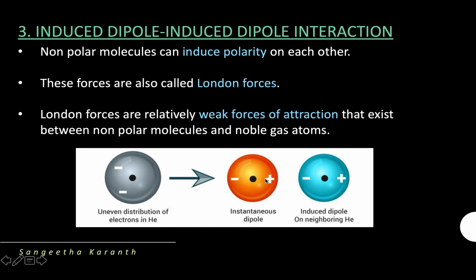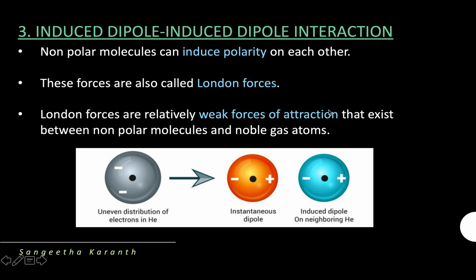Since the charges are separated, this atom can induce the neighboring atom to become a dipole. So this is an induced dipole, and this is one more induced dipole induced because of this atom. The interaction between these two is referred to as induced dipole interaction. Such a type of force is called London force.